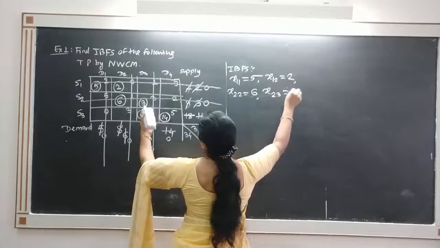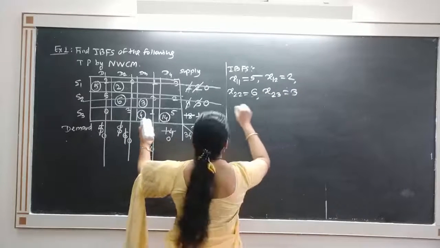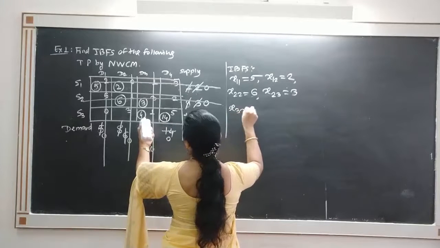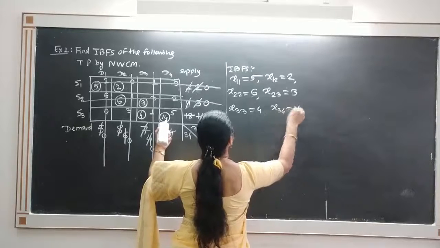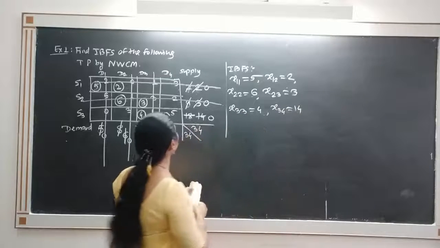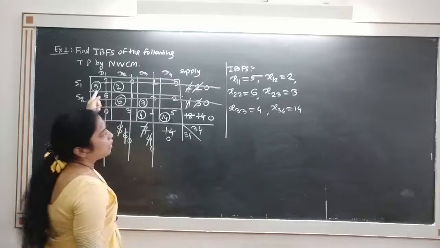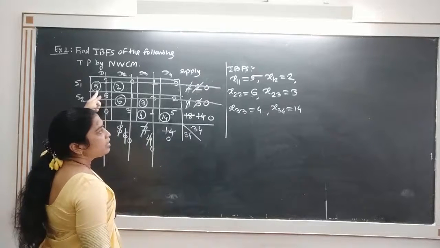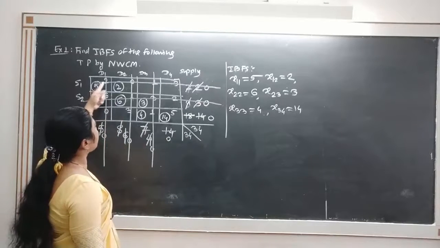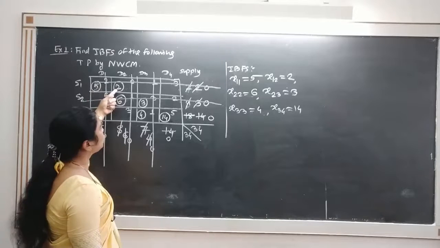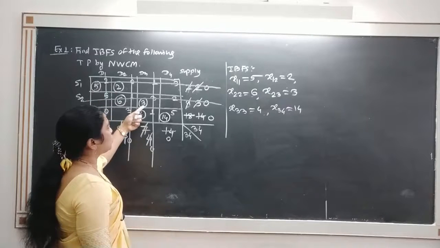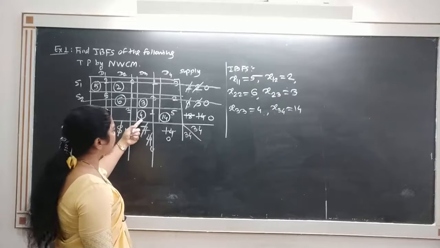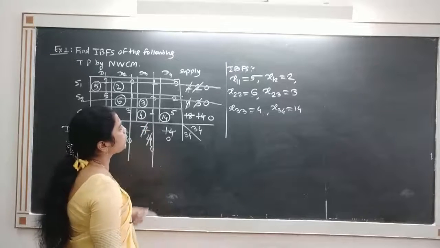X23 is equal to 3. X33 is equal to 4 and X34 is equal to 14. So this is the initial basic feasible solution. X11 5, X12 2, X22 6, X23 is equal to 3, X33 is equal to 4 and X34 is equal to 14.